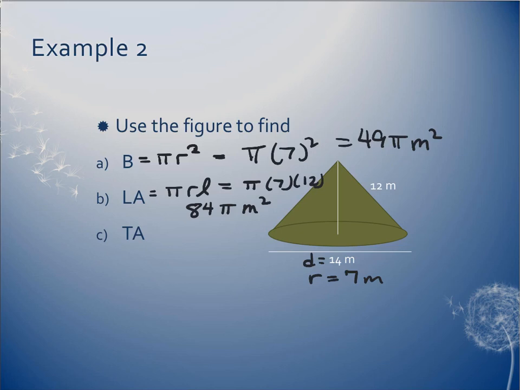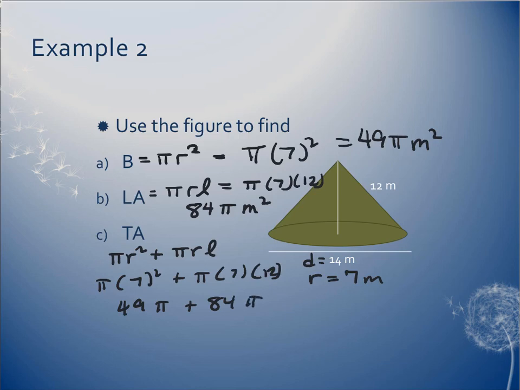And now lastly, total area, area of the base, which is a circle, plus that lateral area. So pi times 7 squared plus pi times 7 times 12, 49 pi plus 84 pi gives me 133 pi meters squared.